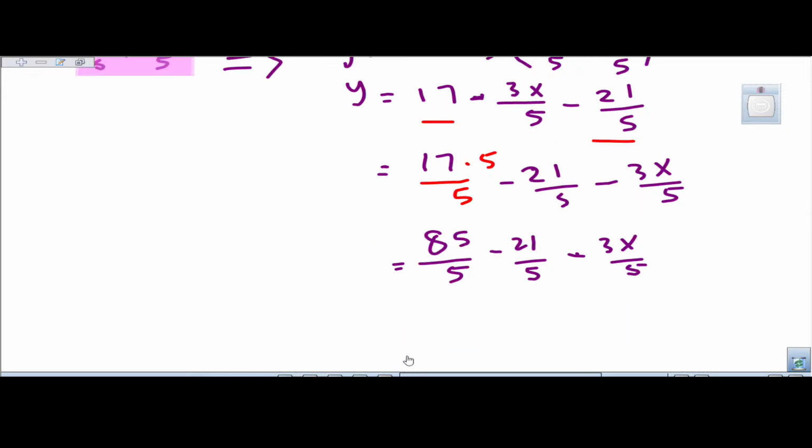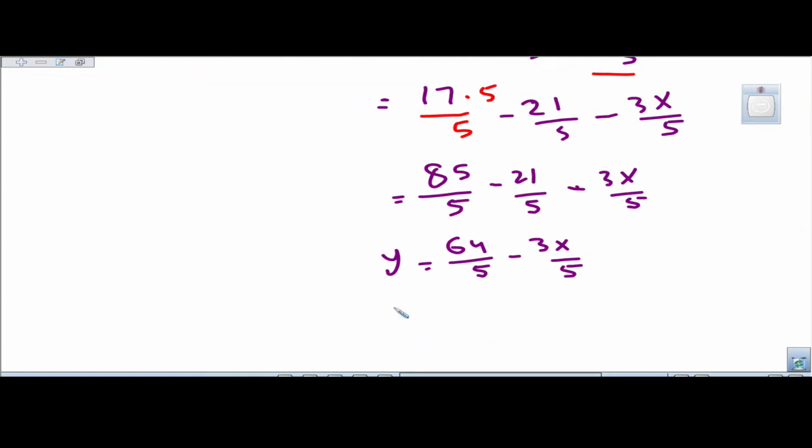Okay, 64. So 64 over 5 minus 3x over 5. Y equals that. I know it's a little bit messy, but remember you have a factory to worry about, so it's not easy to manage a factory, obviously. I'm just arranging things here to make it look a little bit nicer.